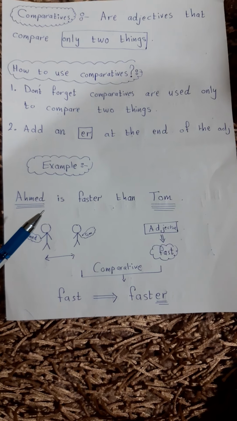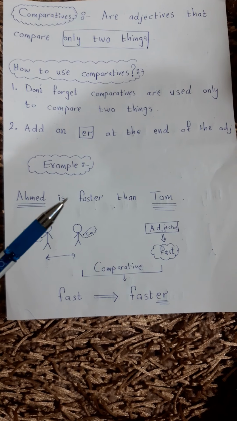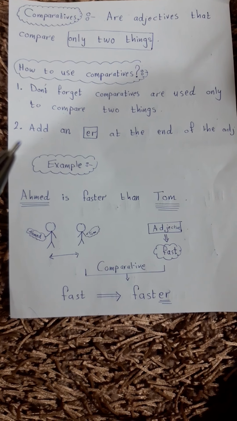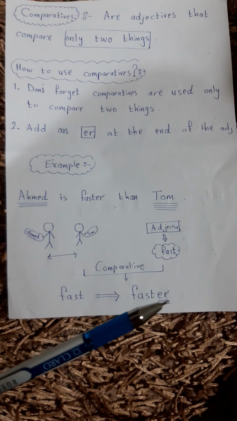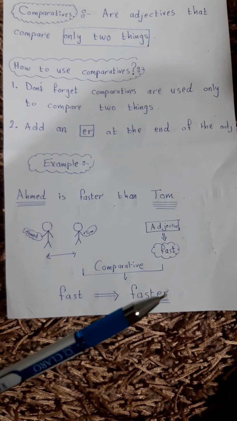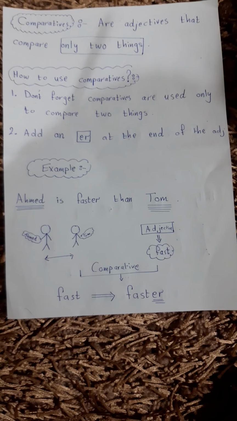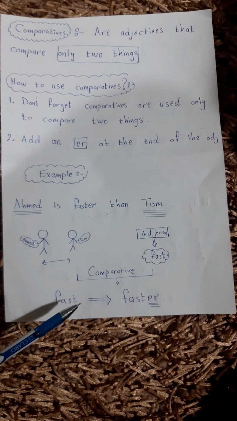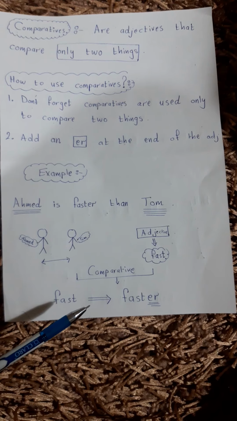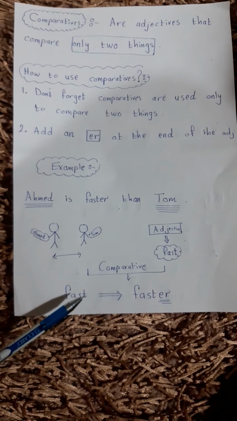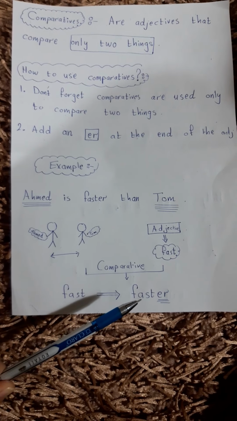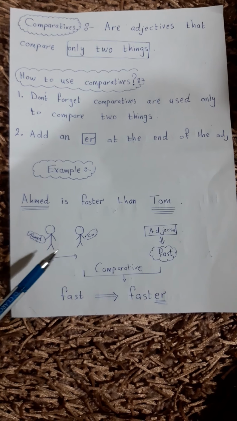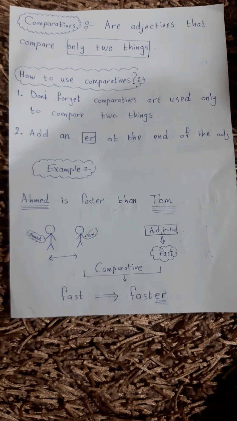So, Ahmad is faster than Tom. We must add an ER at the end of the adjective. Fast, add ER, faster.